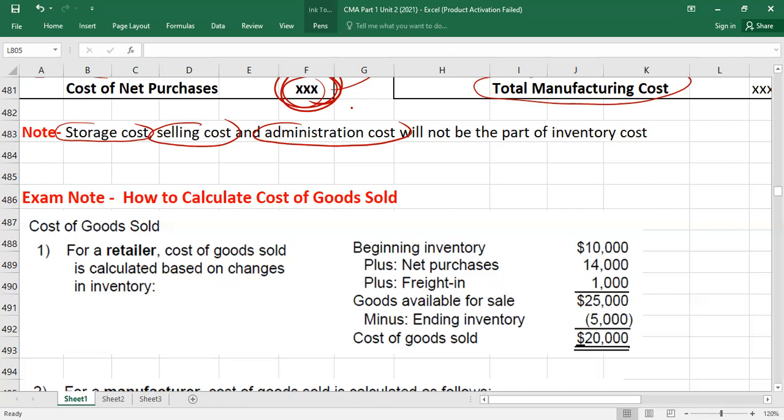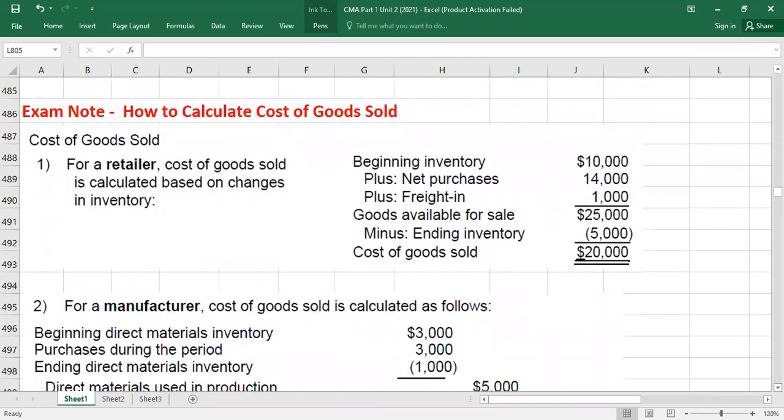These are other expenses. So three items: storage cost, selling cost, and administration cost. If you have any refundable taxes, those should also not be part of the cost of inventory. Clear? Now we are going to talk about the cost of goods sold format.